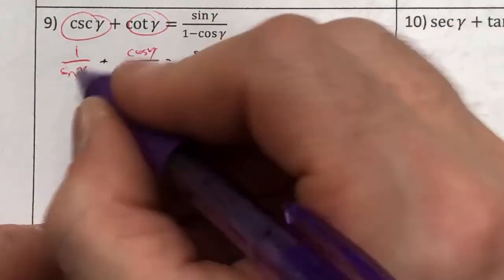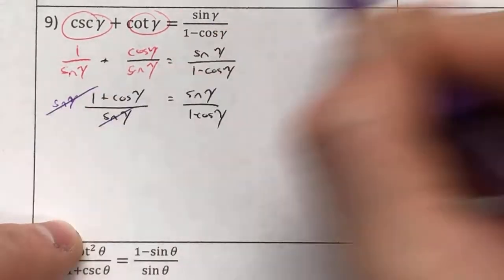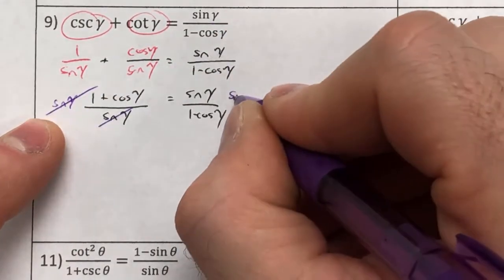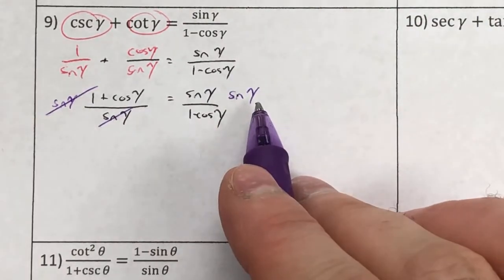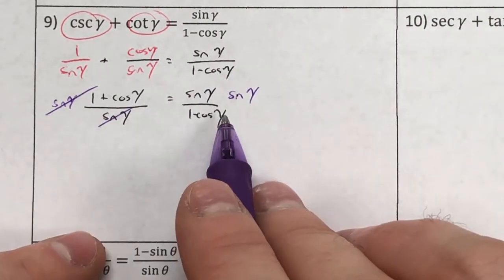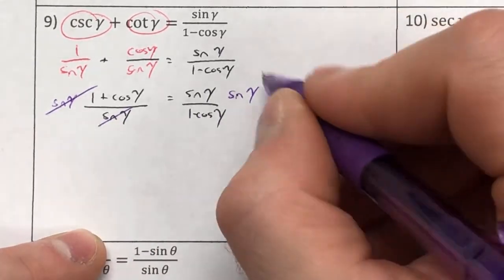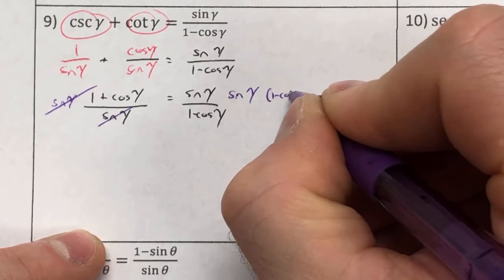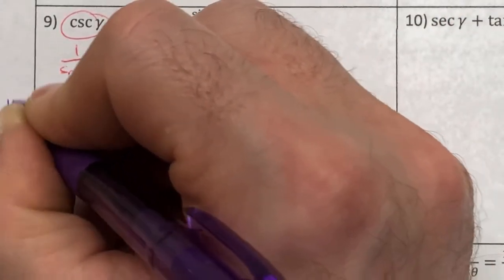But if I multiply the left, I'll also multiply the right. Doesn't cancel out over here. But now that I've done that, I can also multiply both sides by 1 minus the cosine of gamma. So 1 minus the cosine of gamma, 1 minus the cosine of gamma.